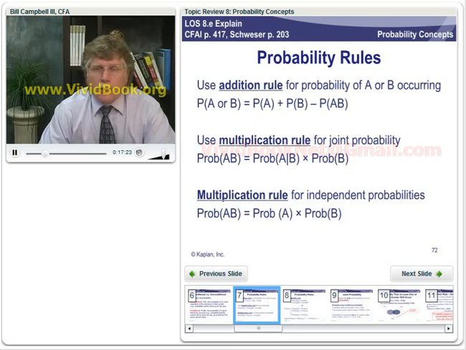For joint probability, the probability that A and B both occur, notice we have the multiplication rule. The probability of A and B occurring is the probability of A given B times the probability of B. So think about this. Come up with a couple of example events.